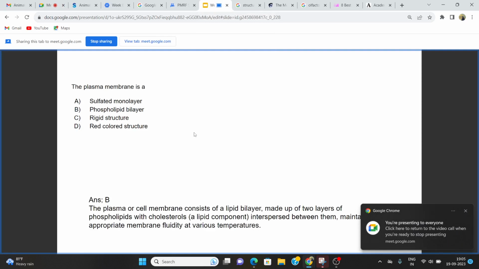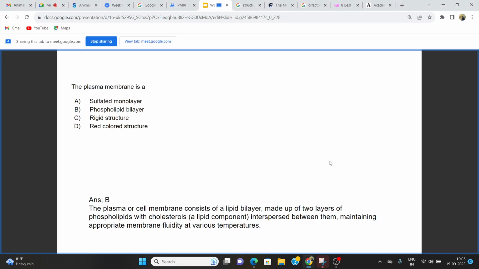It is made up of phospholipids, and it has a head and tail. Do you remember which side is hydrophilic? The head is hydrophilic and the tail is hydrophobic.